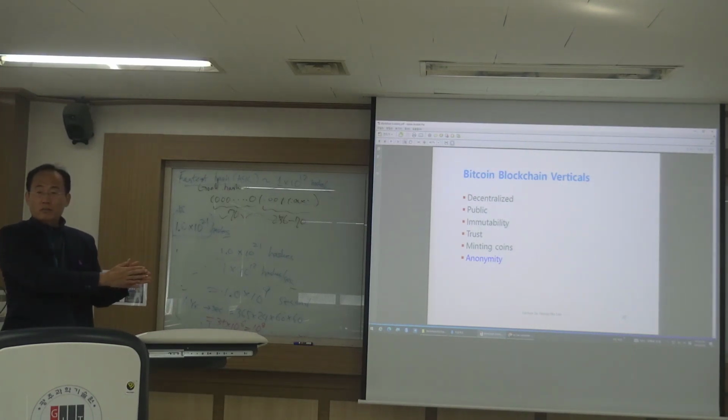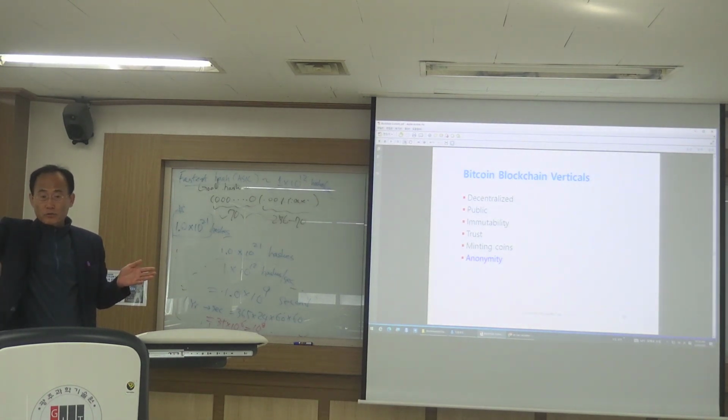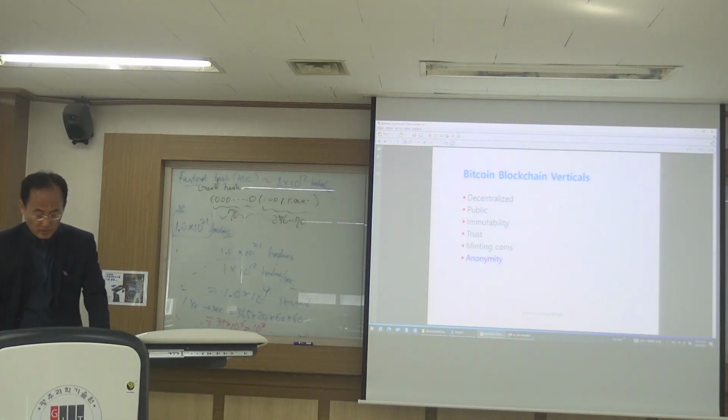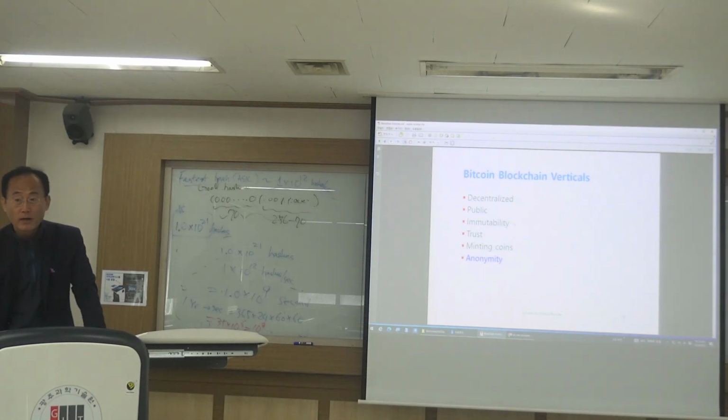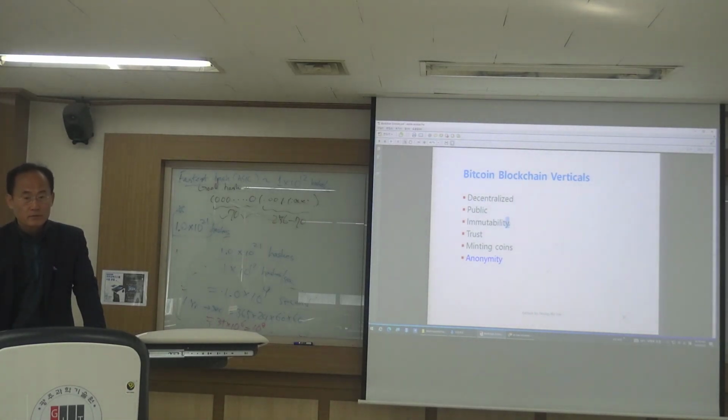So from the first block to the last block, if there were no proof of work imposed on it, you can produce the whole blockchain in a split second, right? And then change everything. So POW is a very integral part of this immutability. If you don't have POW, you don't have immutability, basically.